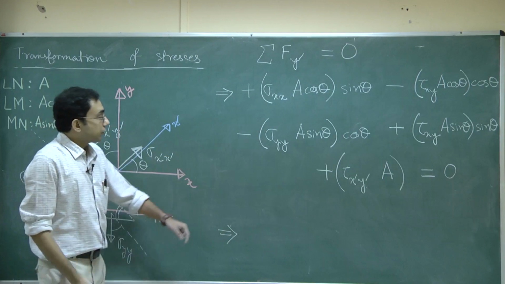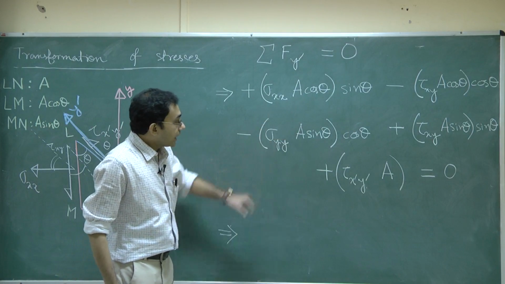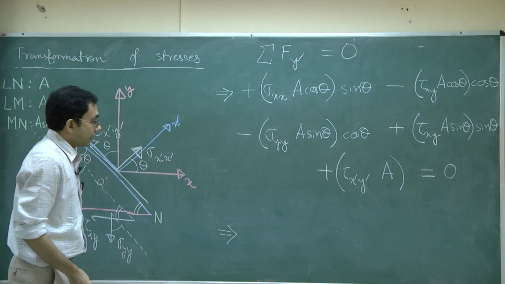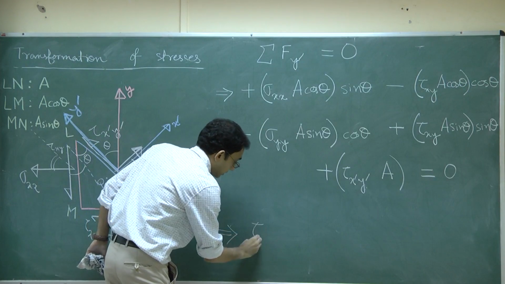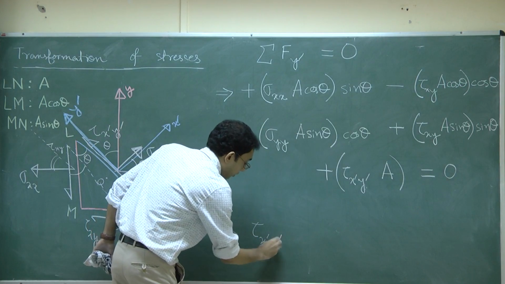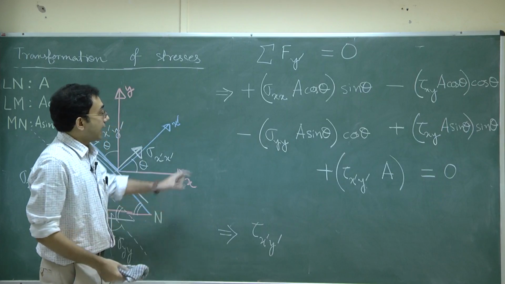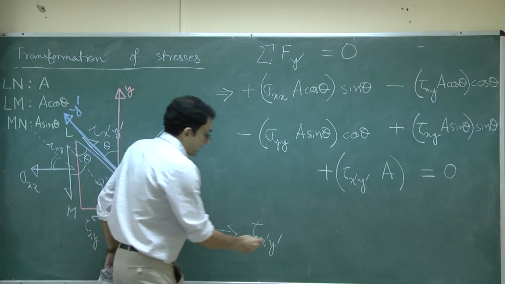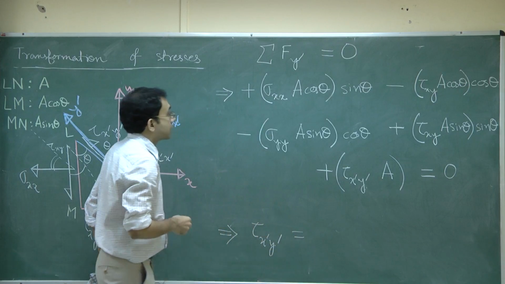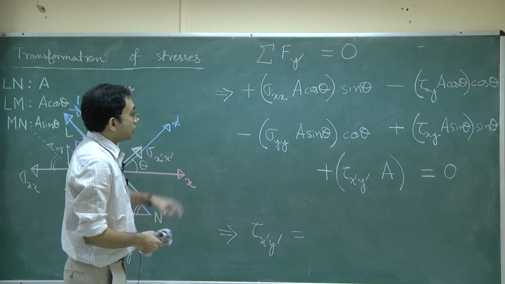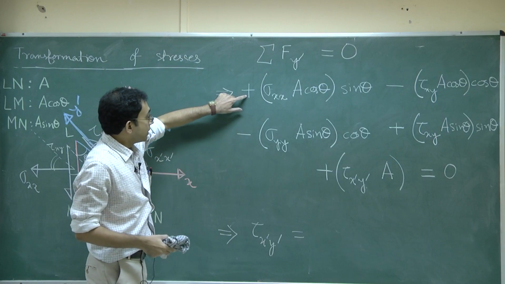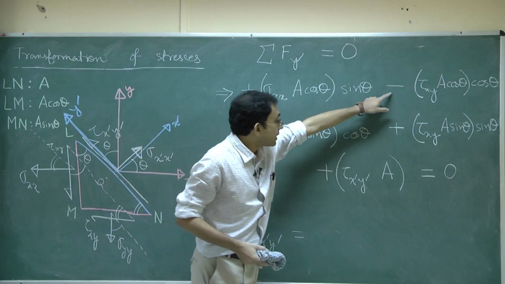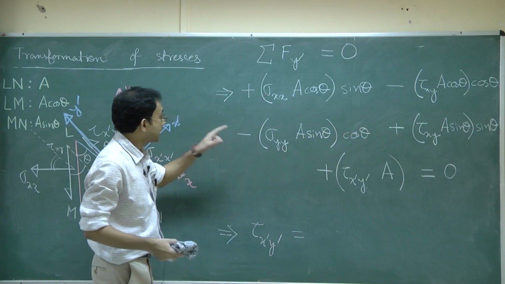Again, just like before, the capital A cancels out from all the terms. On the left hand side, I keep my tau x dash y dash and I transpose all the remaining terms to the right hand side. So, what I will obtain is that this one will become a minus, this one will become a plus, this one will become a minus, and this one become a plus.